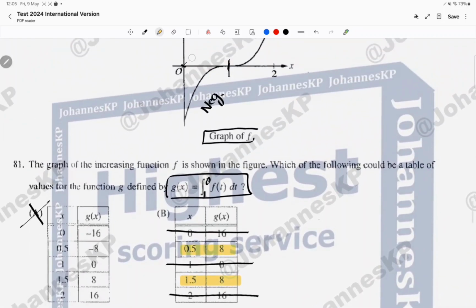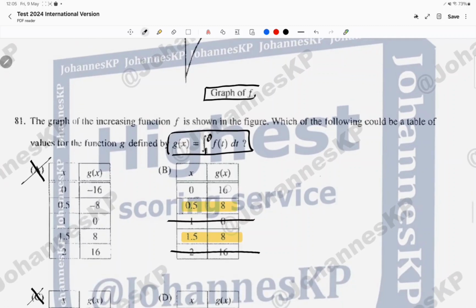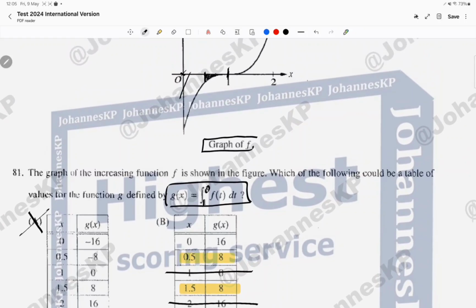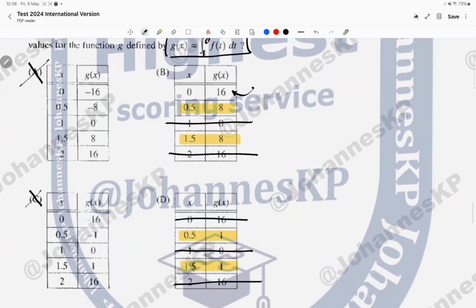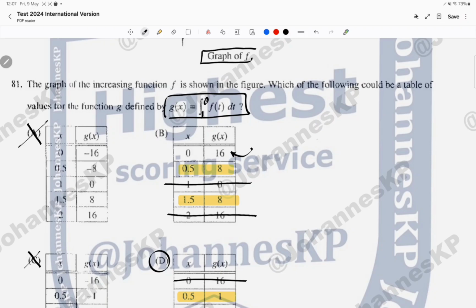When we go to 0.5, so let's say from here to 0.5, which is here, do you think this is equal to, because look here, they say if we go back to 0, you would get 16. So if we go back to half, do we get half or do we get less than half? Because look how small the area is. Less than half. So it's not going to be 8, right? No. So it's going to be D. Okay. All right.